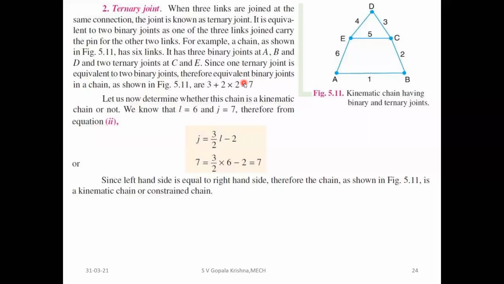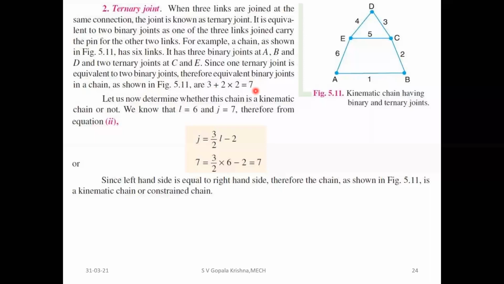When we have ternary joints in a mechanism, 1 ternary joint is equivalent to 2 binary joints. So when identifying the number of joints, it is 3 binary plus 2 into 2 for the ternary joints, which are multiplied by 2. So what is the value? 7.